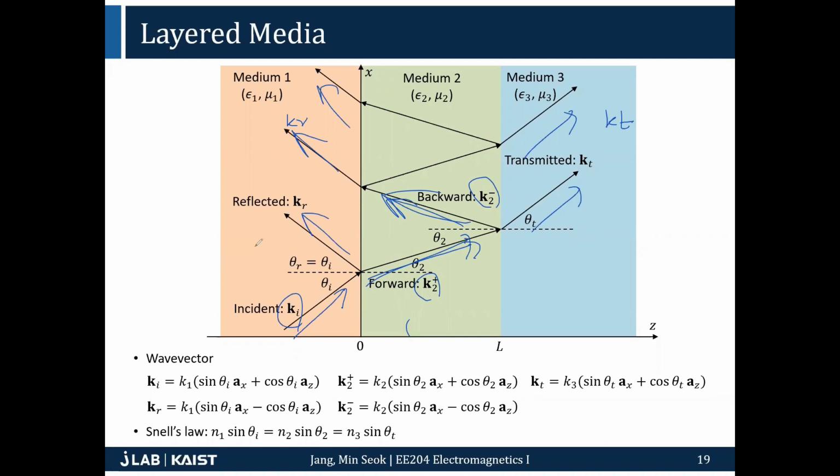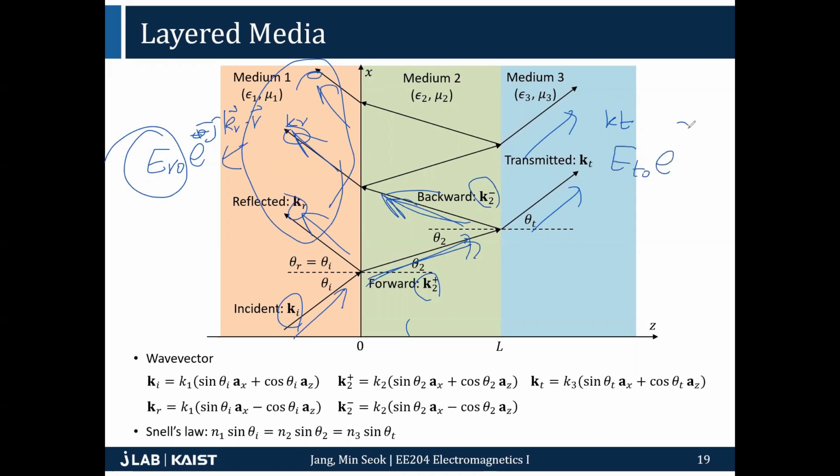So what you can do is express everything into just one E_R0 e to the minus j kr dot r, right? And this E_R0 contains everything here. Because all these partial waves share the same k vector, you can do that. And similarly, you can do the similar thing for E_T0 e to the minus j kt dot r, something like this.